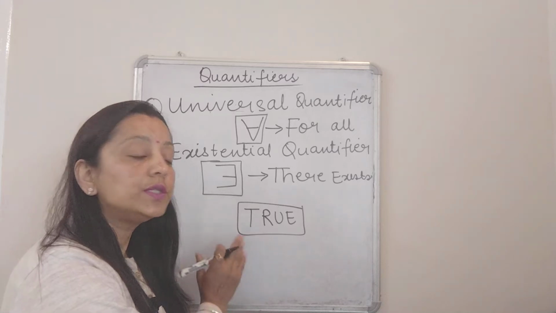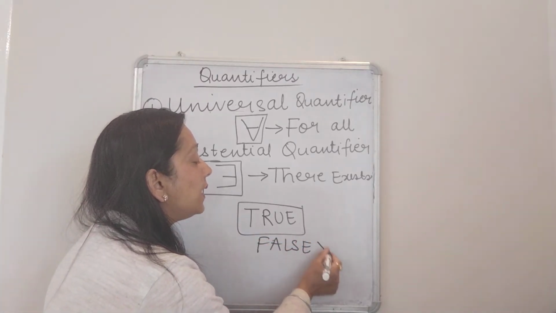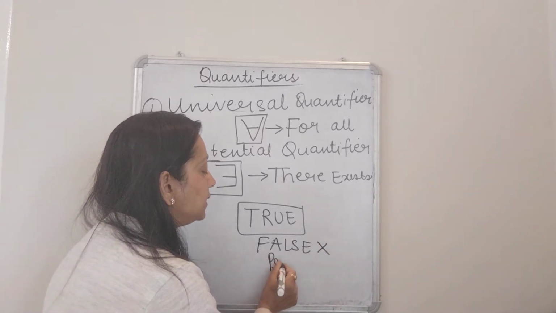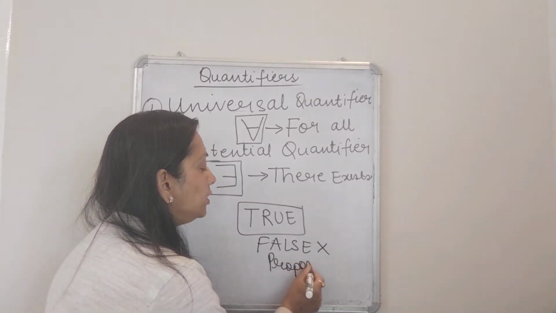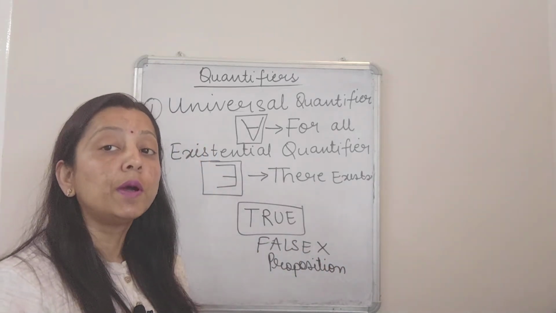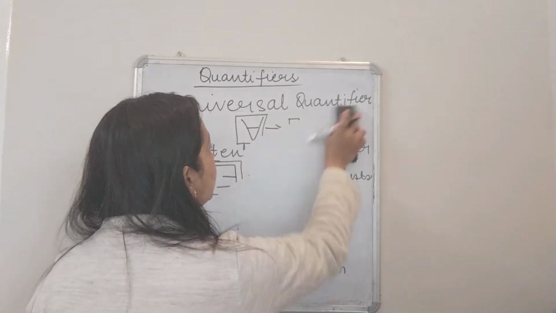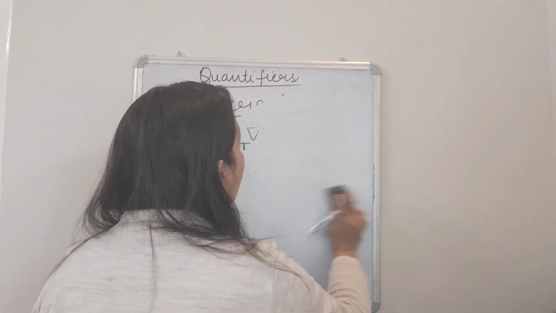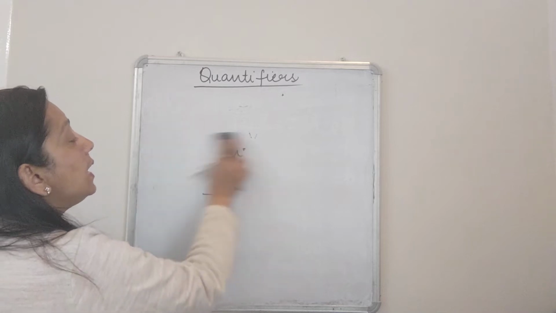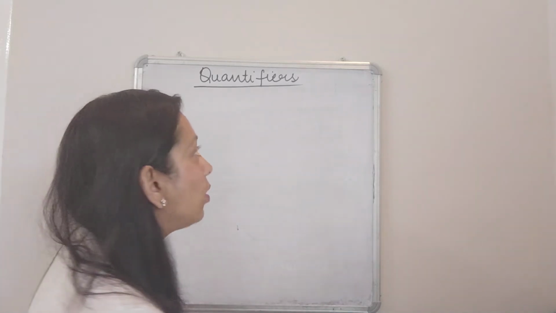If the truth value is false, then it cannot be considered as a proposition. So the concern here is not just a fixed truth value but a true truth value. So let's see how we can say that a propositional statement is a proposition using quantifiers.